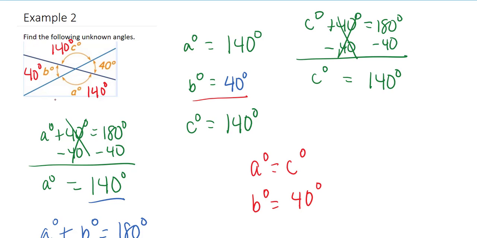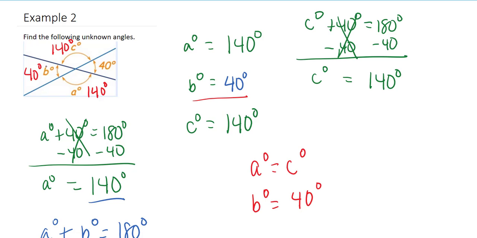But angle A also shares another line with angle B. So angle B has to be the same amount, because the angles on the sides have to be equal in order for those straight lines to equal 180 degrees. So you can see how this worked out.